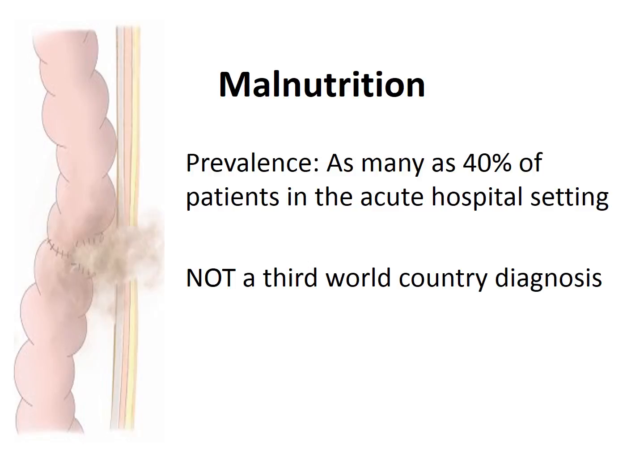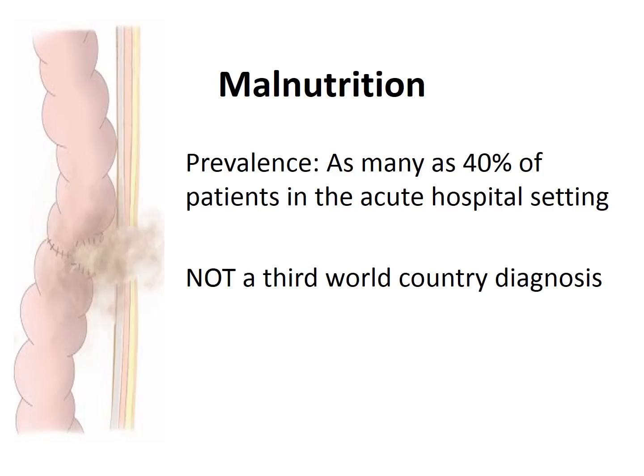So with that, we move on to malnutrition. Again, remembering that 50 to 90% of those with an enterocutaneous fistula may present with malnutrition. Oftentimes we think of malnutrition being a third world country diagnosis. It's not.